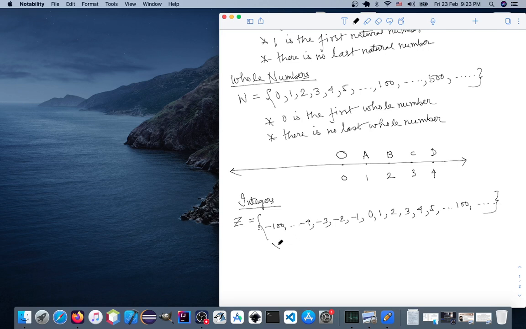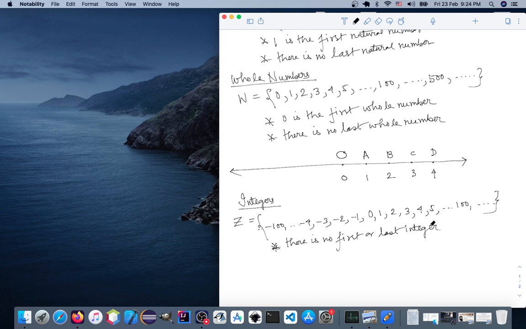So for integers, obviously there is no first or last integer, because to the left of 0 there is an infinite number of negative numbers, and to the right hand side of the 0 there is an infinite number of positive numbers. So there is no end to the left hand side and there is no end to the right hand side.